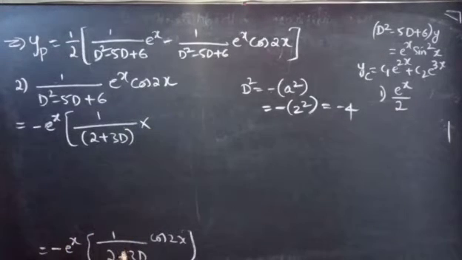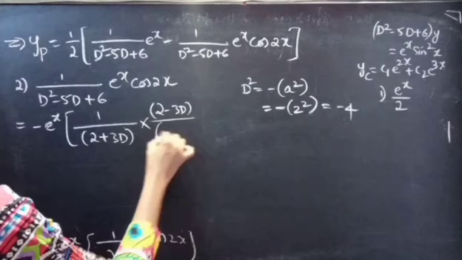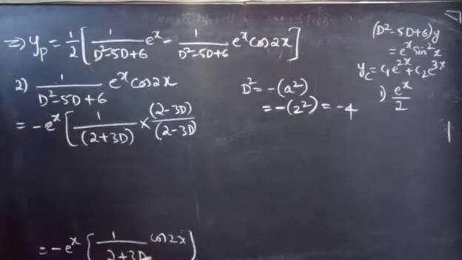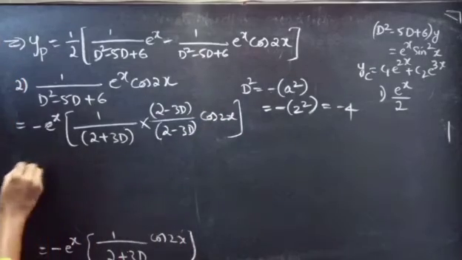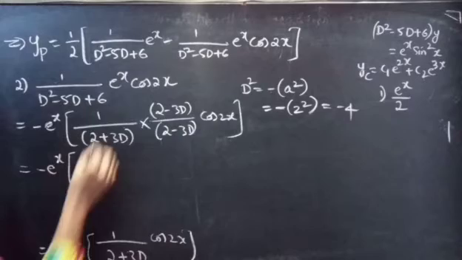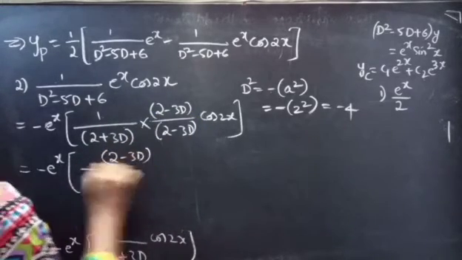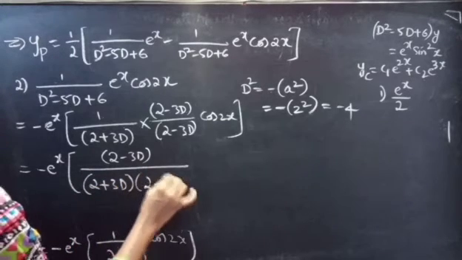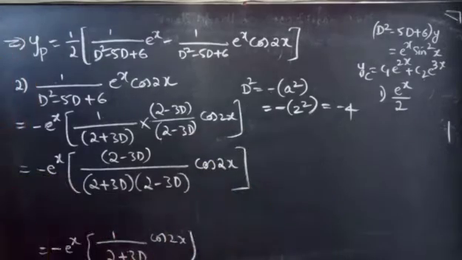Just change this plus to minus, then we'll get 2 minus 3d. Now we need to multiply and divide this fraction by 2 minus 3d, into cos 2x, which is equal to minus e power x into 1 into 2 minus 3d by 2 plus 3d into 2 minus 3d into cos 2x.